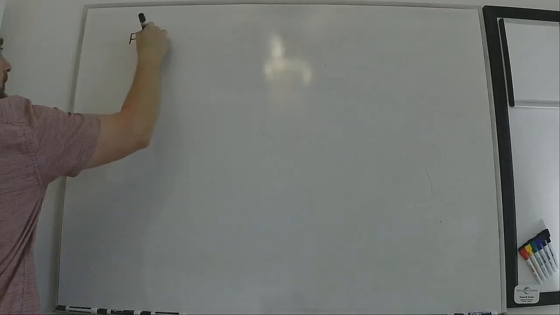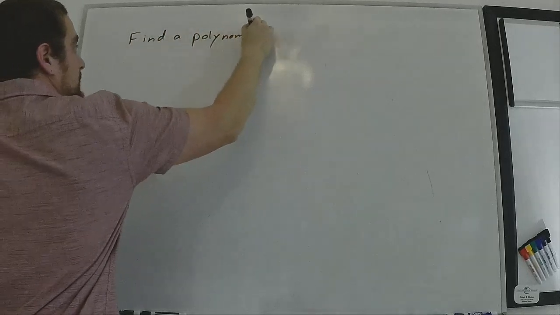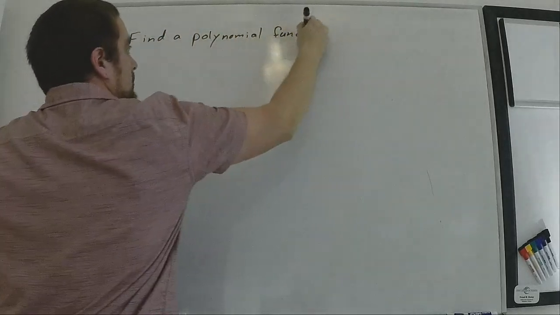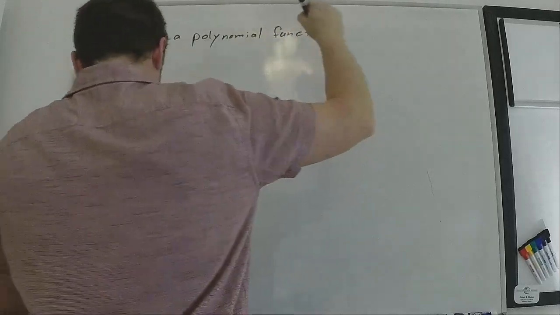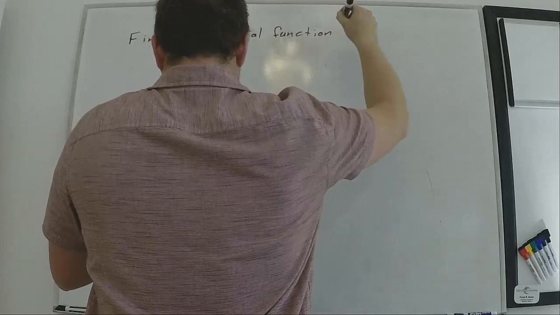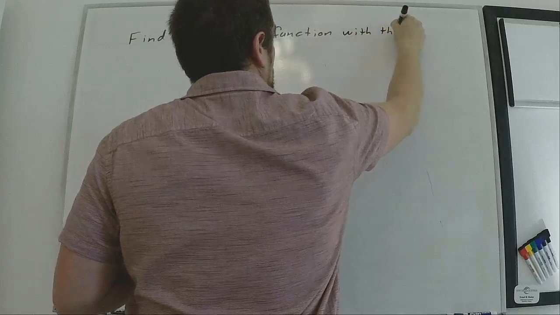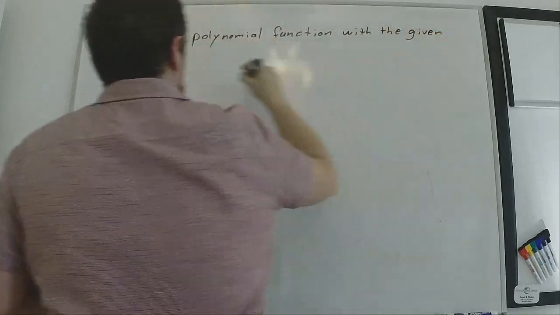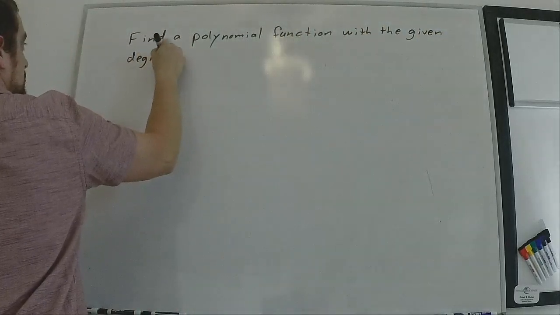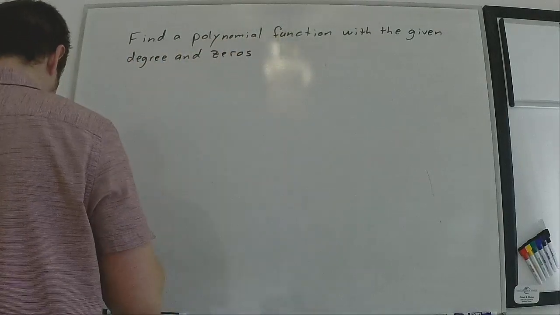Okay, let's say we want to find a polynomial function with the given degree and zeros.